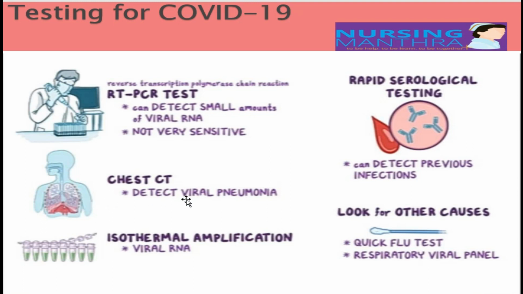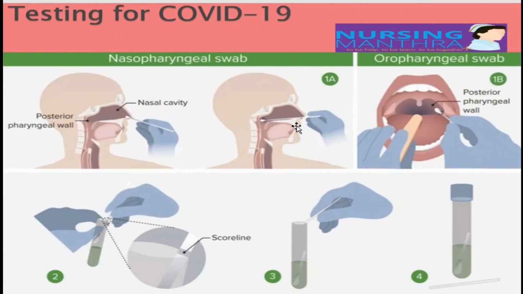Other tests: a chest CT can detect viral pneumonia. Isothermal amplification of viral RNA. Rapid serological testing, serology, a blood test, can detect whether a previous infection is there or not. We also look for other causes with a quick flu test and a respiratory viral panel.